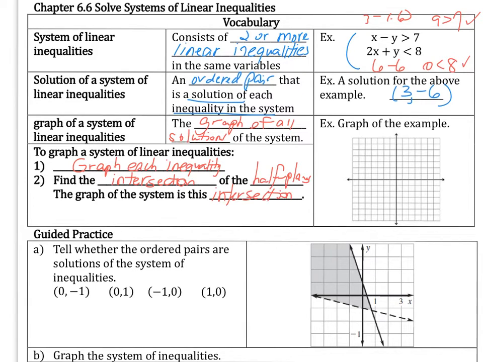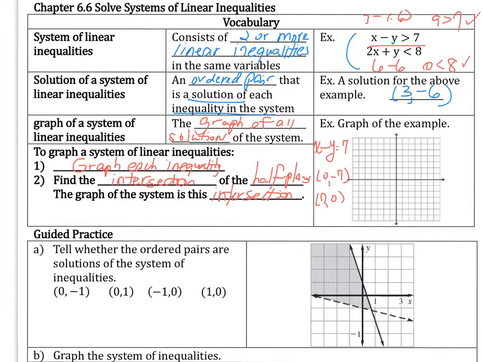So I'm going to take x minus y greater than 7. I'm going to let that equal 7 for now to find my boundary line. So my intercepts, I'm going to use intercepts to graph, will be (0, -7) and (7, 0). Okay, since it's a greater than sign, I have to use a dashed line.